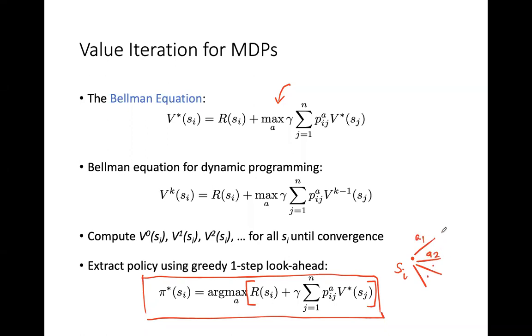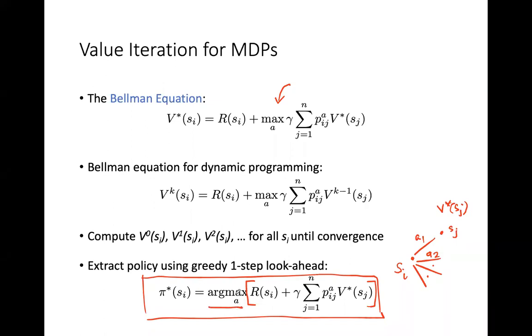For each of those successive states, we consider the value of these successive states, and take a weighted sum and discount it. If I were to pick action A1, what is the weighted value I would receive in the potential successors of S_i? Similarly, if I were to take action A2, what is the weighted sum of the values I can expect to receive in the future? Do it for all of them, and then take the argmax.